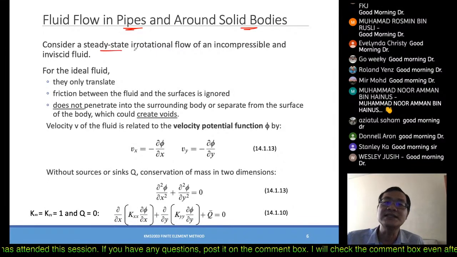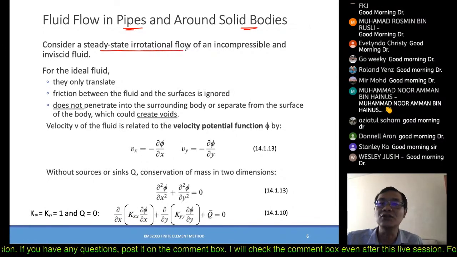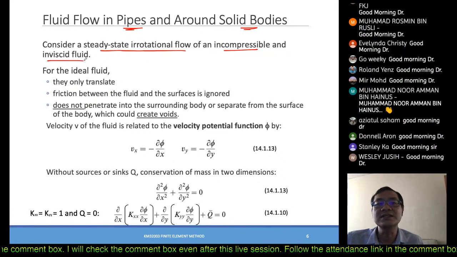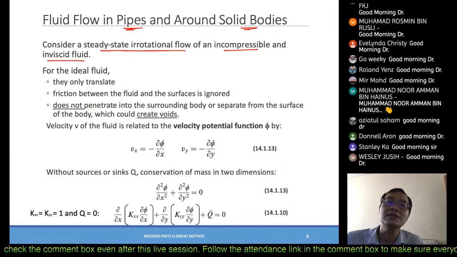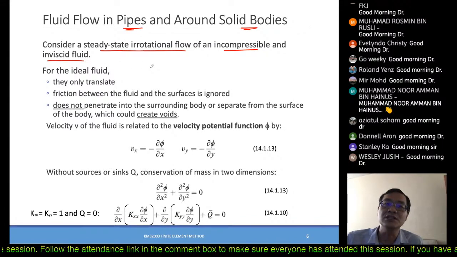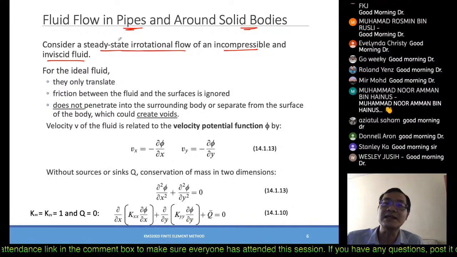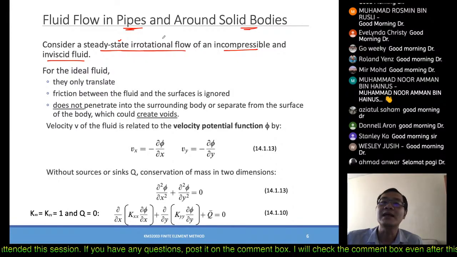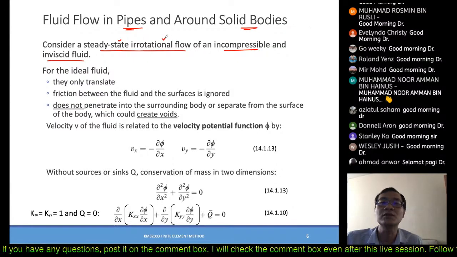So consider a steady state irrotational flow of an incompressible and inviscid fluid itself. We will derive accordingly for these applications. So remember, it's a steady state, as in the previous example derivation. Then the flow itself, we assume does not rotate.